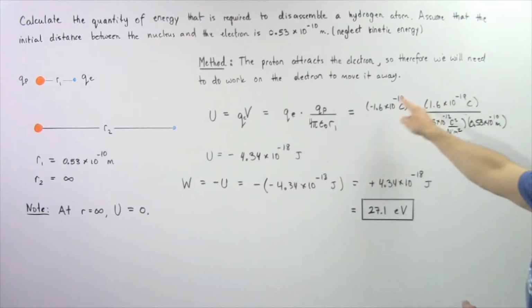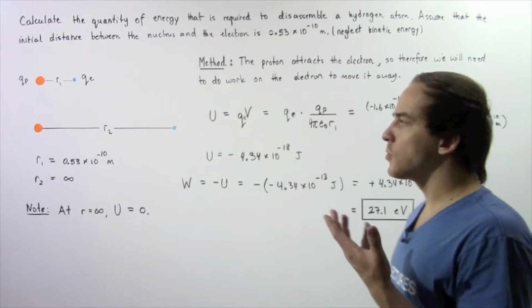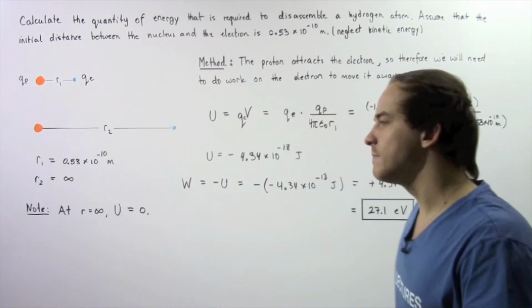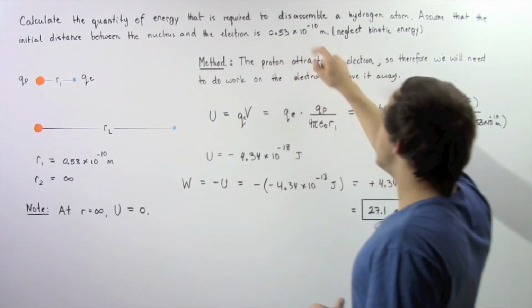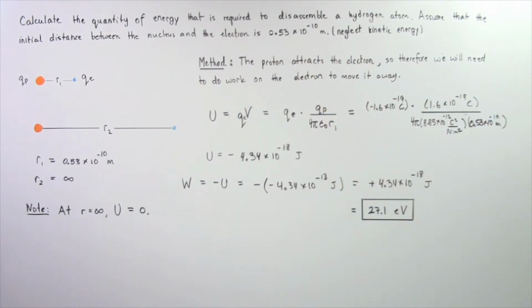Now, we divide that product by 4 pi multiplied by epsilon naught, the permittivity of free space constant, which is 8.85 times 10 to negative 12 coulombs squared, divided by newtons multiplied by meters squared, and we multiply that by our distance, given to be 0.53 times 10 to the negative 10 meters.